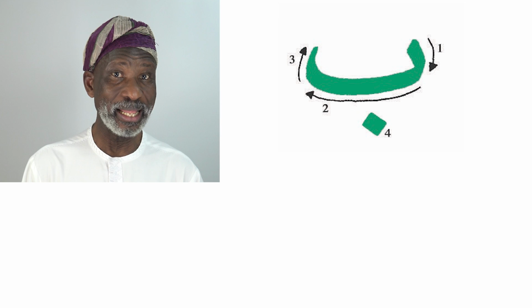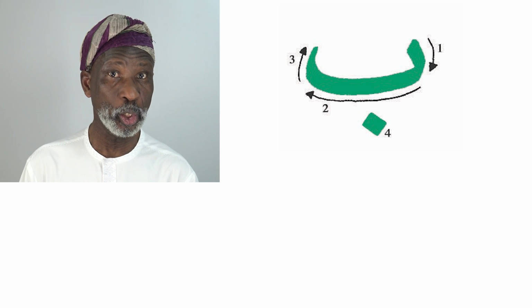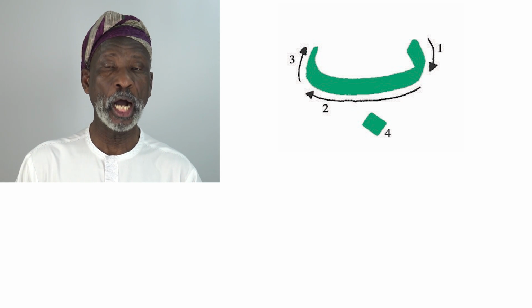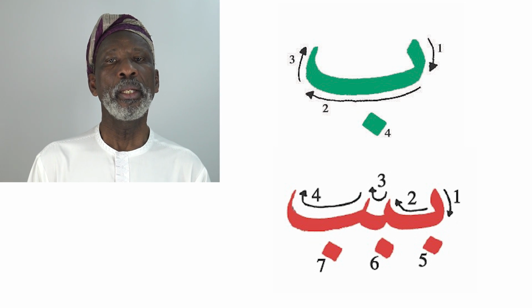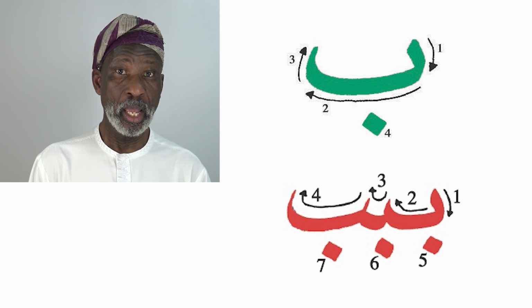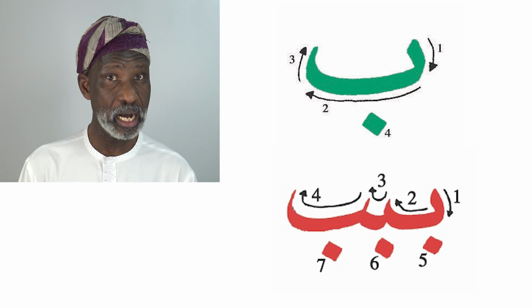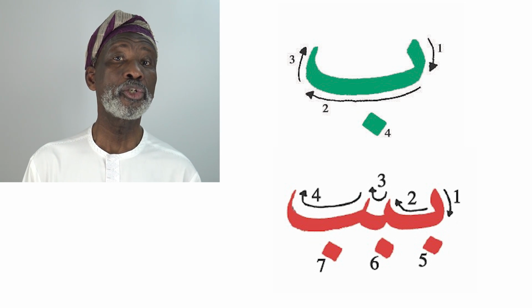And now let's look at the letter ba joined with the initial, medial, and final. Here we go. Letter ba joined. Now, although you can see the arrow showing you the direction of your hand movement, let me show you now.